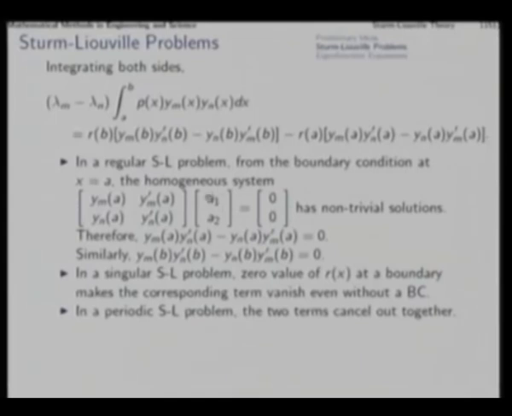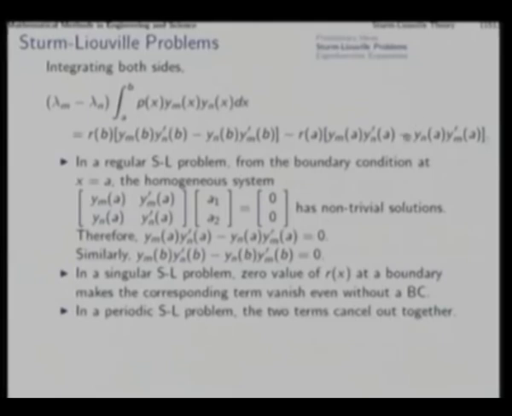And now since a1 and a2 are not both 0, this system of two equations has non-trivial solutions, which means that this coefficient matrix is singular, which means ym yn prime minus yn ym prime at x equal to a is 0. Similarly, the other boundary condition satisfied by ym and yn will mean that this is also 0.